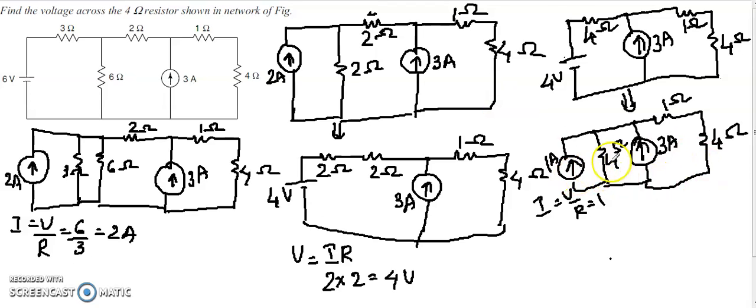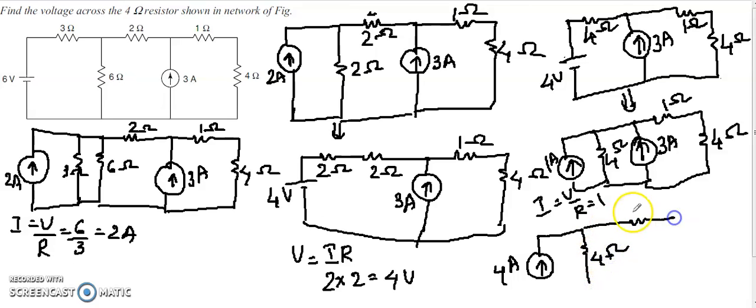But here we can consider the two current sources are in parallel. So we can add these current sources to get a 4 ampere current source. And again we have a 4 ohm resistor. Here we have 1 ohm, and here we have a 4 ohm again.